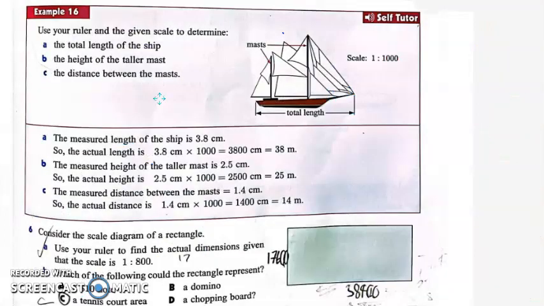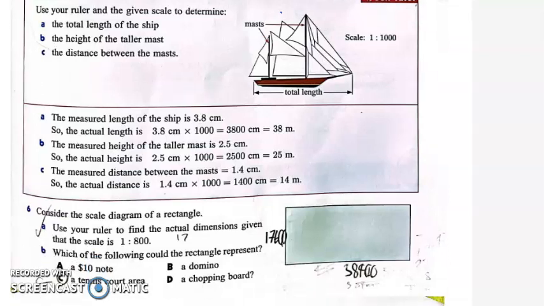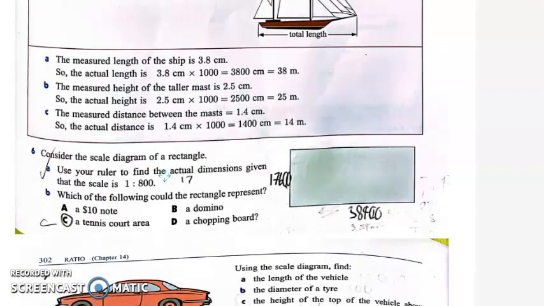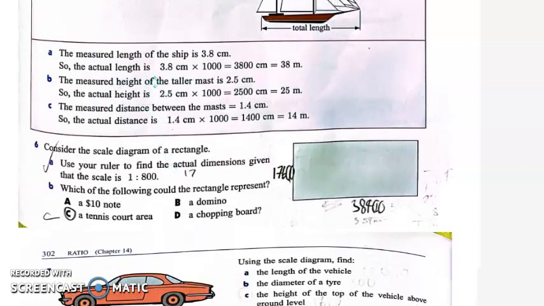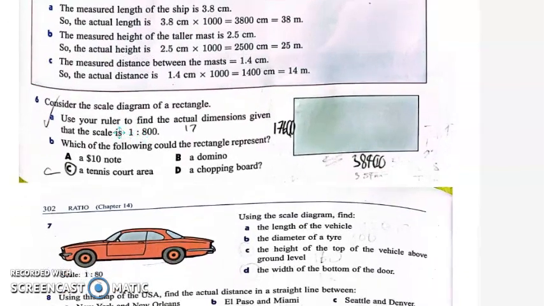Now example 16, use your ruler and given scale to determine the total length of the ship. So you have to use your ruler to find out the length, then convert accordingly. That you can do if you wish. And similarly these questions, and then question 6 is asking, consider the scale diagram of a rectangle.